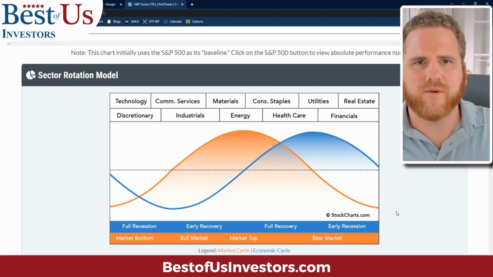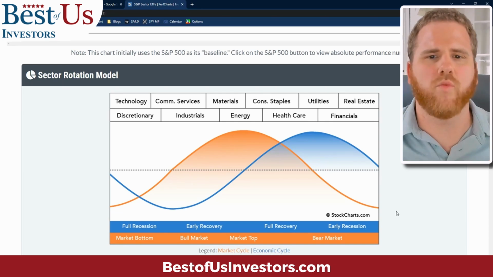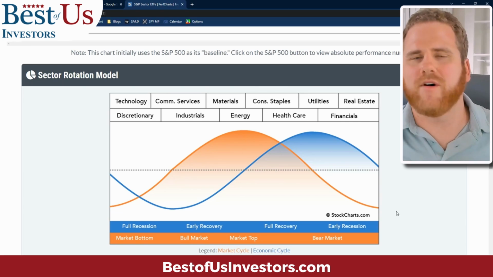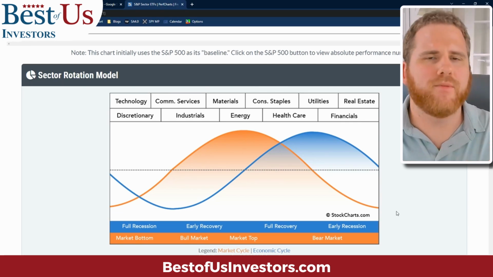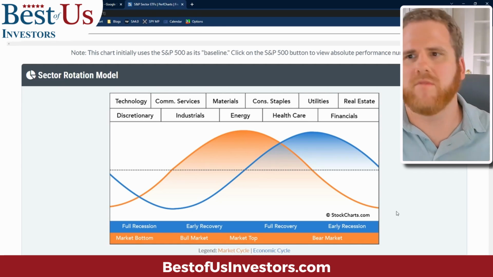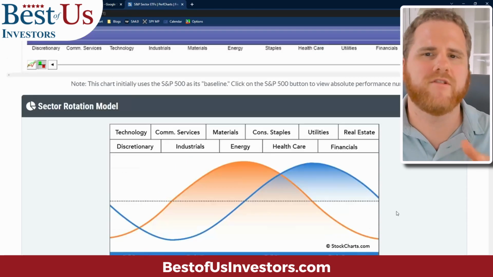That is the theory underpinning sector rotation and why we are seeing this value play come into the market right now over the last few months. People are getting defensive. They're putting their money in solid value companies that pay a little bit of a dividend rather than speculative assets.